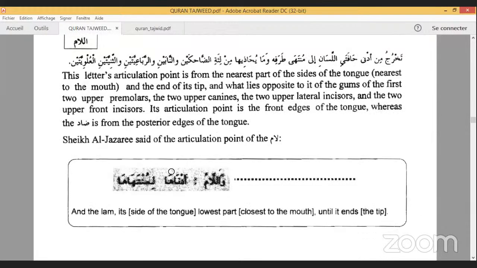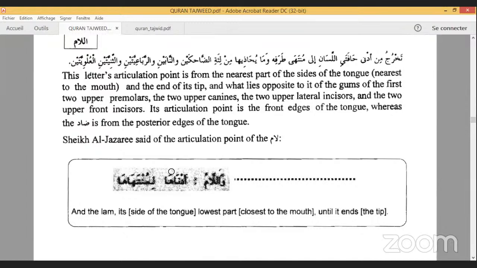This letter's articulation point is from the nearest part of the side of the tongue, nearest to the mouth, and the end of its tip, and what lies opposite to it of the gums of the first 2 upper premolars, the 2 upper canines, the 2 upper lateral incisors, and the 2 upper front incisors.